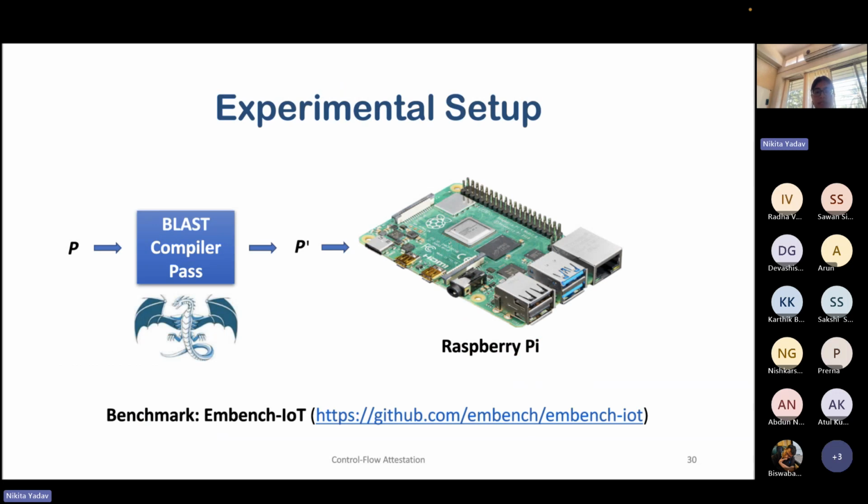For our experimental setup, we use Raspberry Pi, and the programs are evaluated on the Beebs IoT benchmark. We take the benchmark and compile it with an LLVM IR pass.